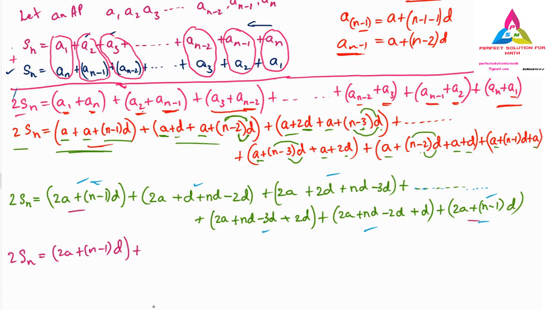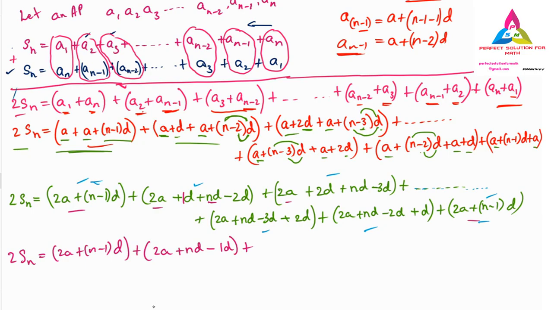So here what we have to do, here we have 2a, that 2a I have to write as it is. See here, this nd we have, that nd I can write down here, but in 1d we are subtracting that 2d. So the greatest number is 2 and its sign is minus, so minus I have to put, into d. If you subtract 1d, you are going to get 1d only.